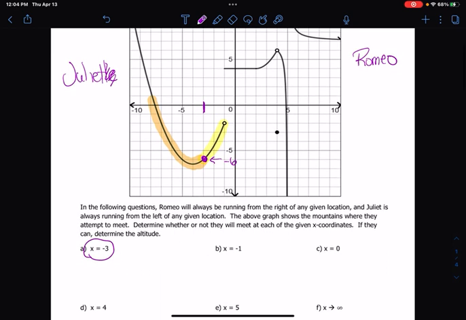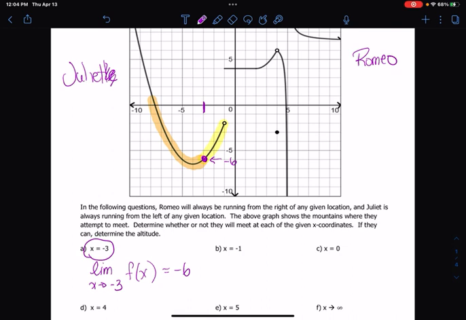So for this first one, I would say the limit as x goes to -3 of our function, f of x, is equal to -6. That's the limit as we approach -3.